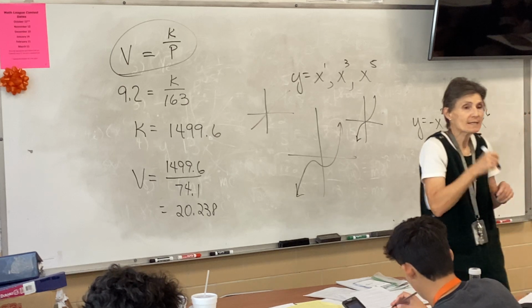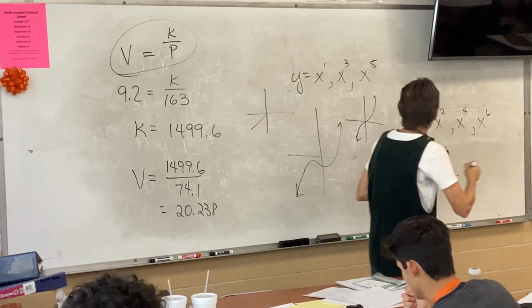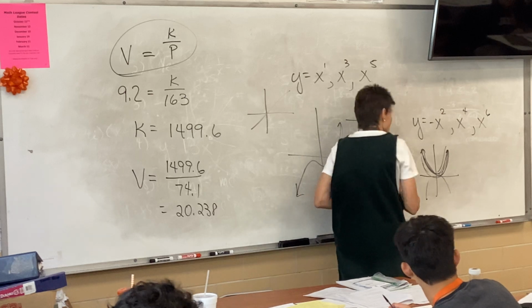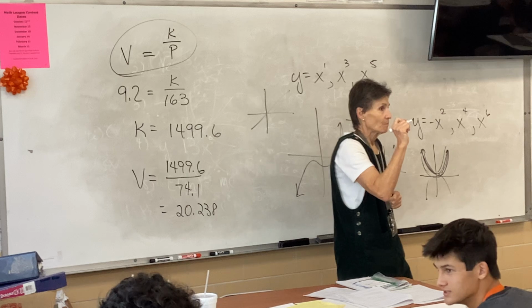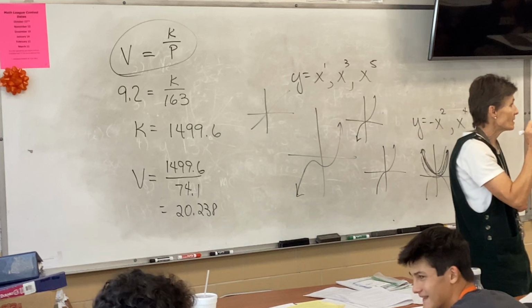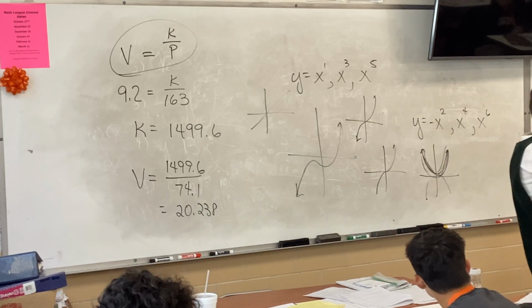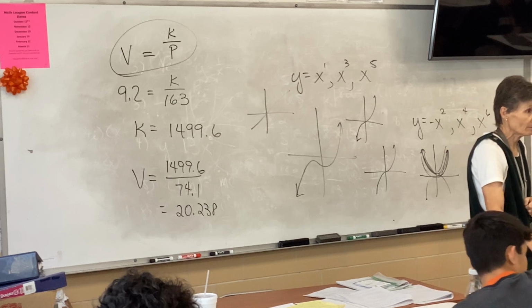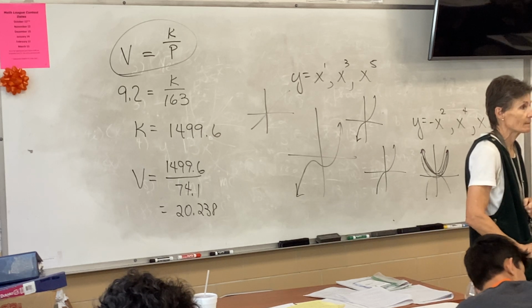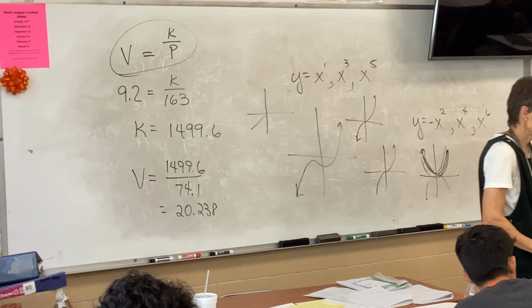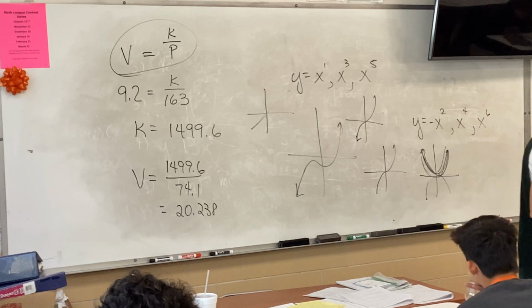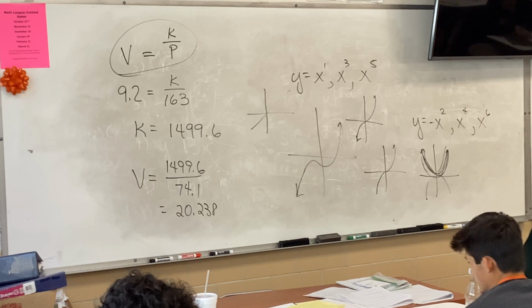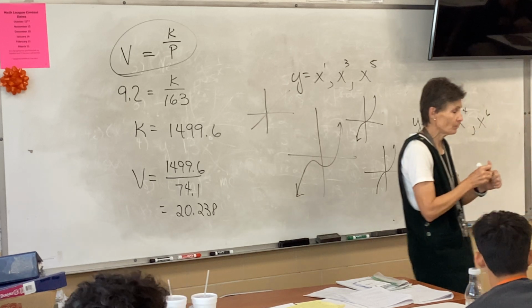Now, why did it squiggle through 2? Because that's what cubes do. Cubes squiggle. We know that. This one squiggled at 2 because that's where it crossed. That's where its 0 was.